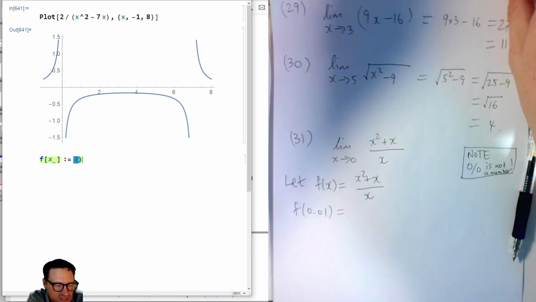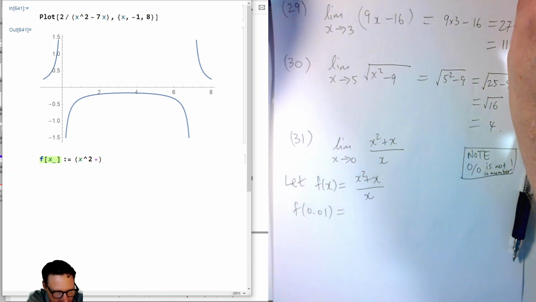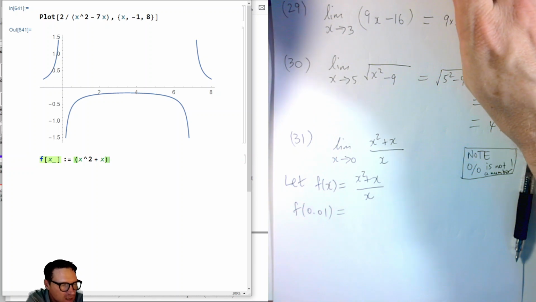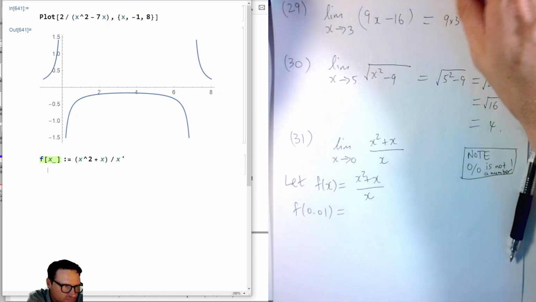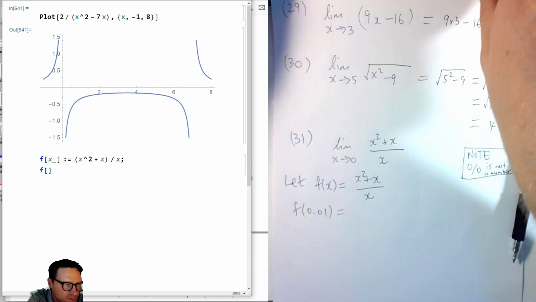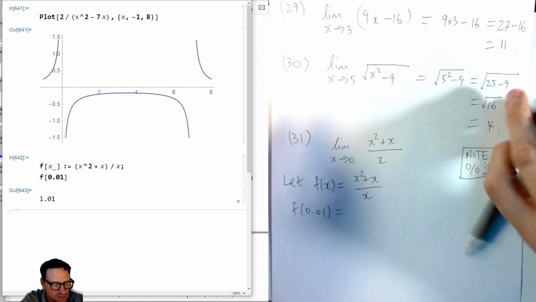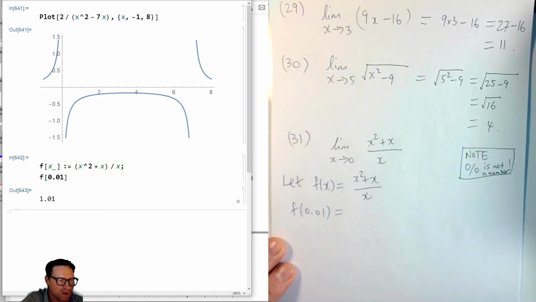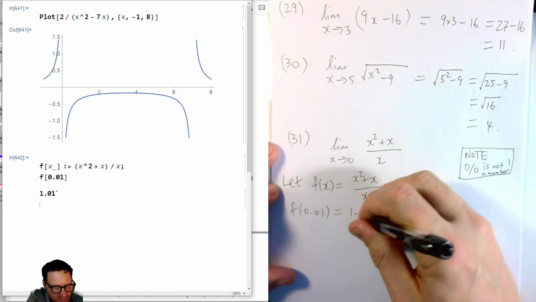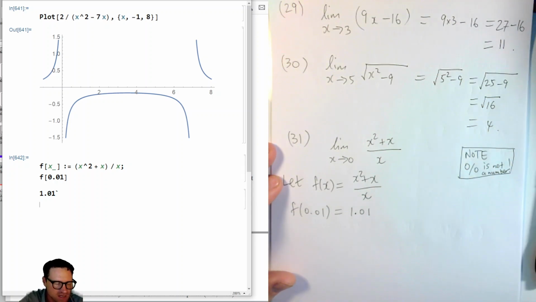The function takes in x and produces x squared plus x, all over x. Now what happens if I sub in 0.01? What do I get? I get 1.01. And is it exactly that? Yes, I get 1.01.